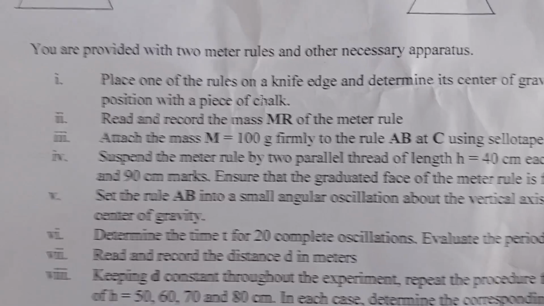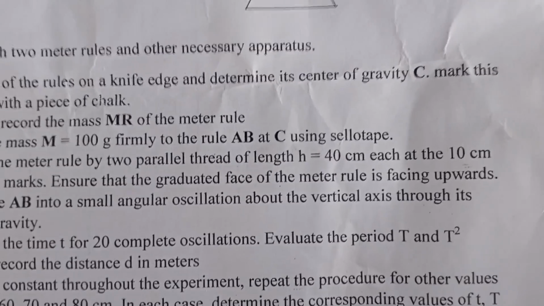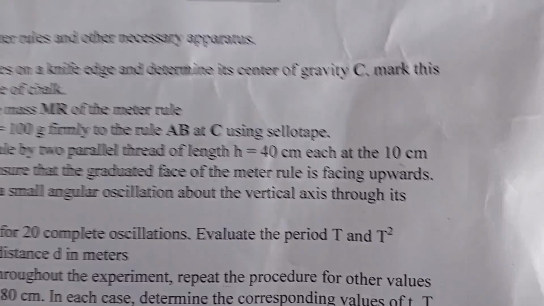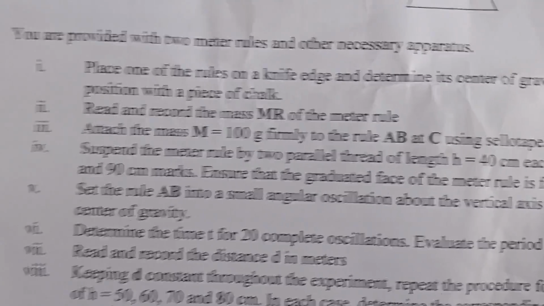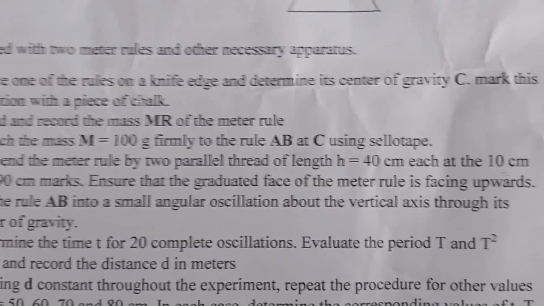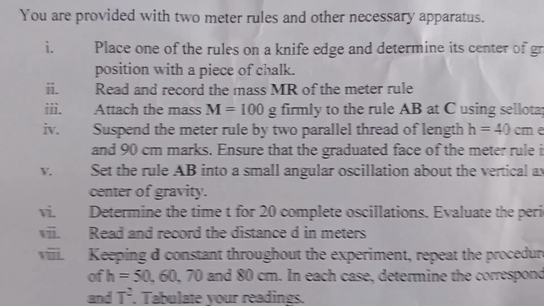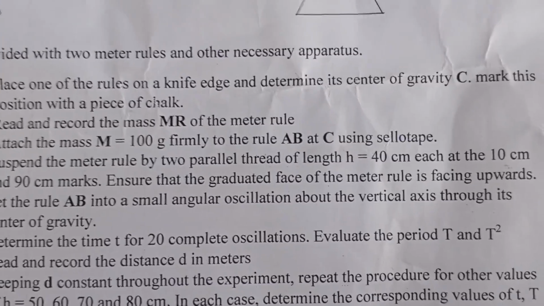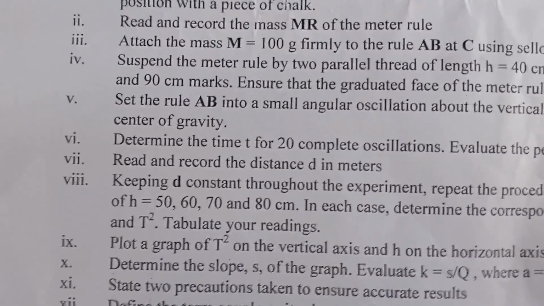That's C, the center of gravity. 4. Suspend the meter rule by 2 parallel threads of length H equal to 40 cm, each at the 10 cm and 90 cm mark respectively. Ensure that the graduated face of the meter rule is facing upwards. 5. Set the rule AB into a small angular oscillation about the vertical axis through its center of gravity. 6.